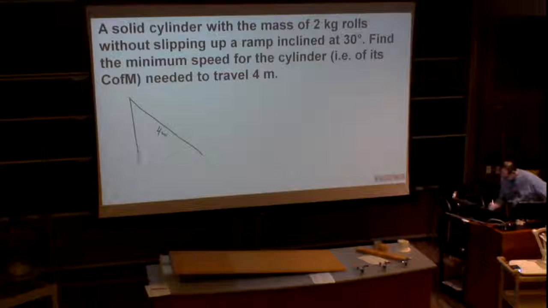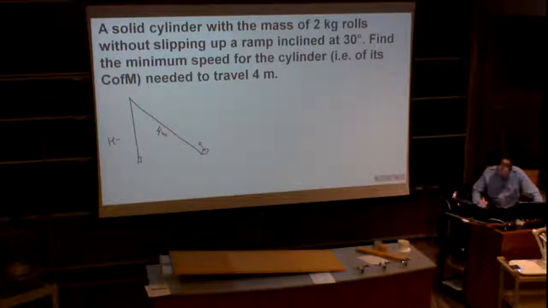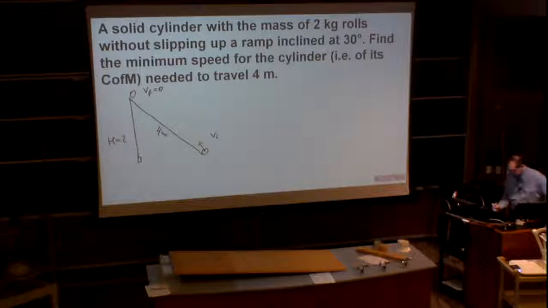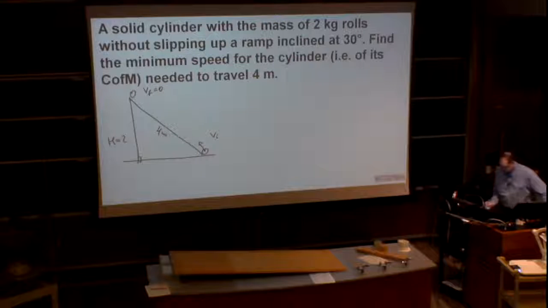And now we are looking for the initial speed of the center of mass. It should travel 4 meters up and should stop here, so the final speed will be equal to 0. But we know that means the height will be 2 meters above the ground, above the bottom of the ramp, because the angle is 30 degrees.